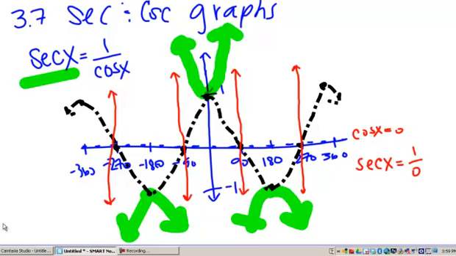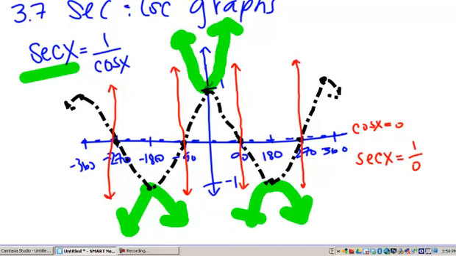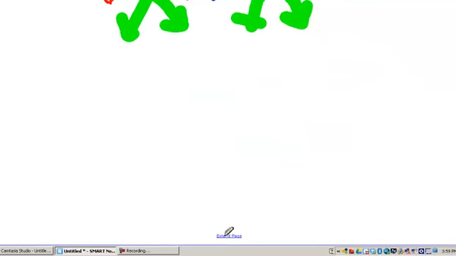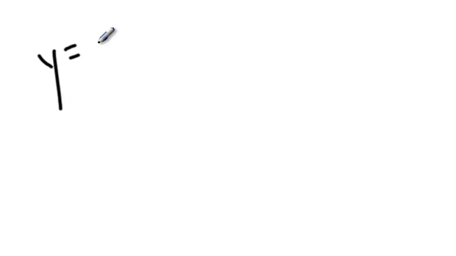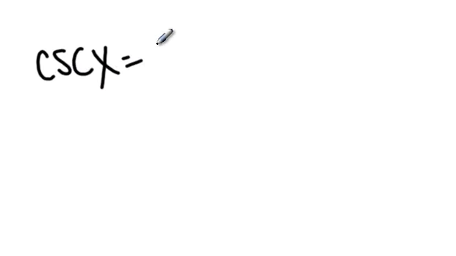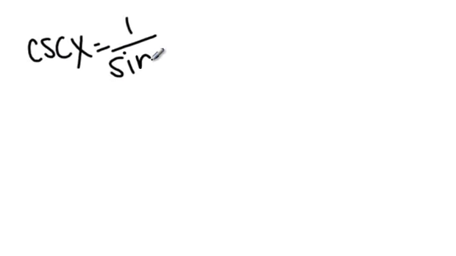Okay, now let's do sine quickly, because secant and cosecant are very similar. Okay, so again, we got y equals cosecant. Let me erase this. Okay, so we have cosecant of x equals 1 over sine of x.